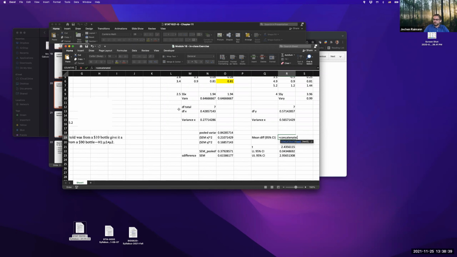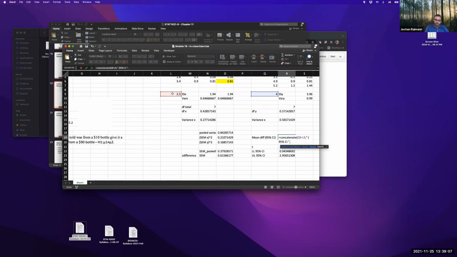You're doing a difference now, which is this minus this, comma, and with quotation marks in concatenate you actually can enter text. So we're doing a bracket, we're doing 95% CI. Now we're closing this, putting quotation marks, close.